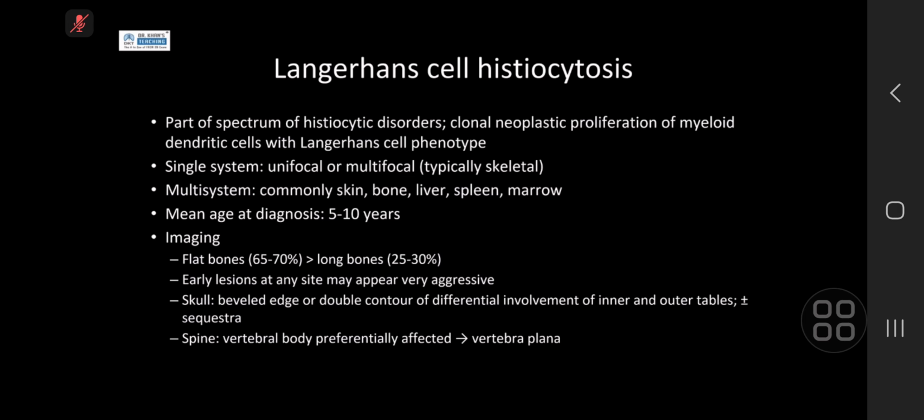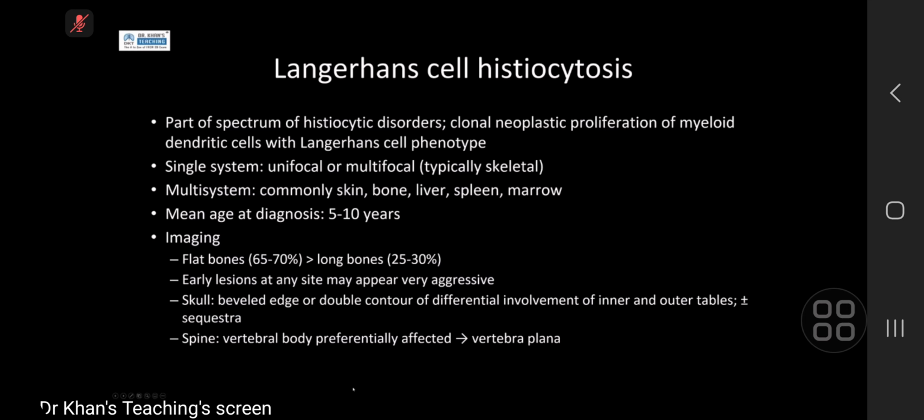These can present with either a single lesion or multiple lesions, and the CT is a really nice example, particularly with that 3D recon of seeing that skull lesion with that beveled edge. And most commonly in exams, you tend to be shown a child with a spinal film or imaging with a vertebra plana, very commonly.